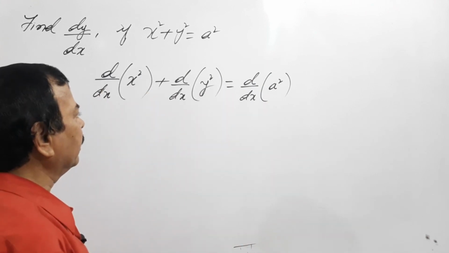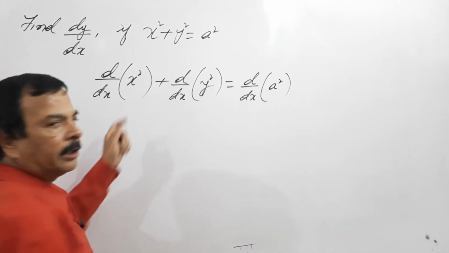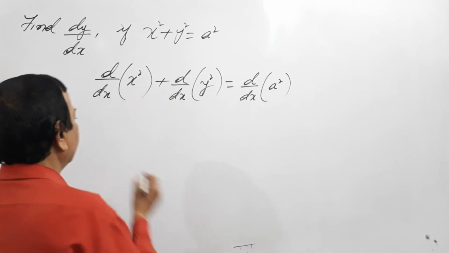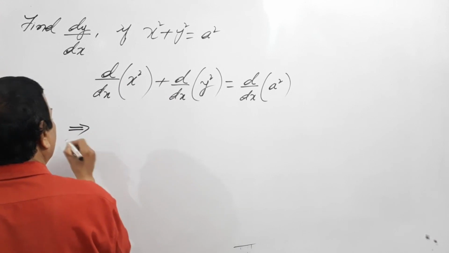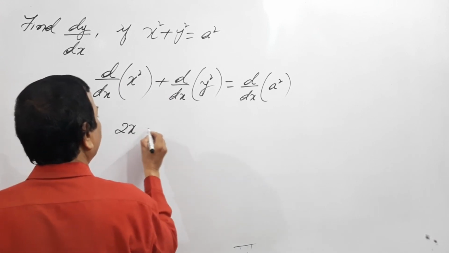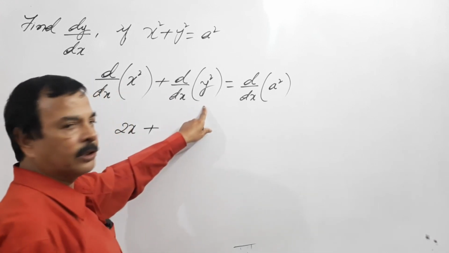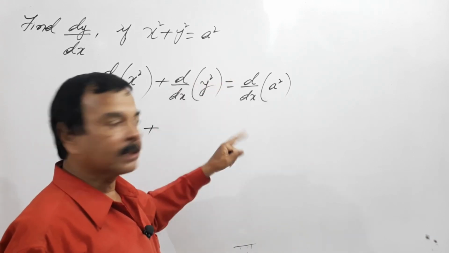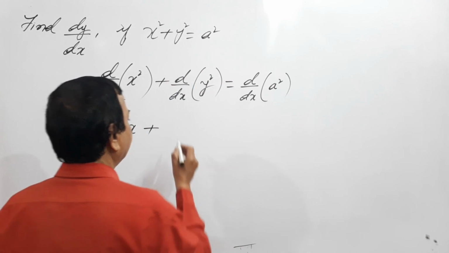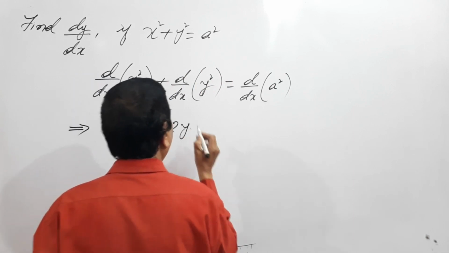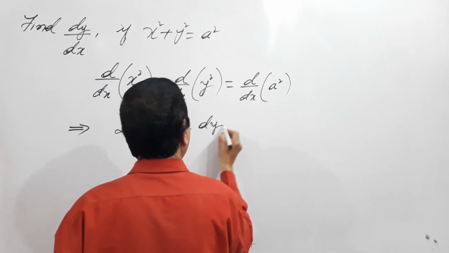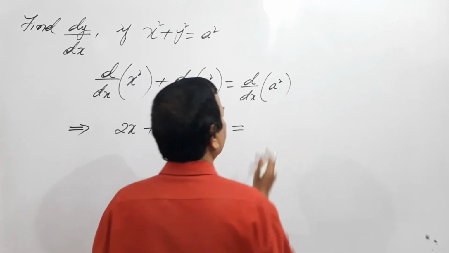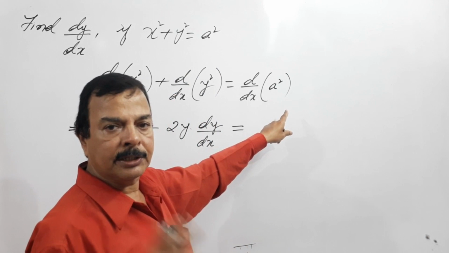Here you see, d by dx of x square, that is x to the power of n type, so it becomes 2x. Plus, earlier we used to differentiate y with respect to x, but here we have to differentiate y square, so this becomes 2y into dy by dx, equals differentiation of a constant, which is 0.